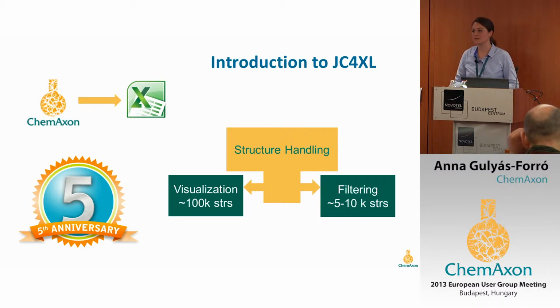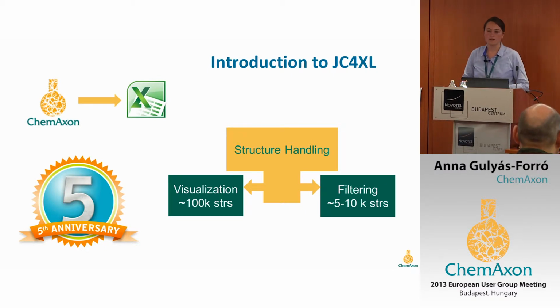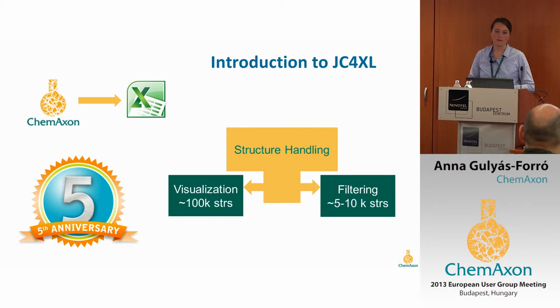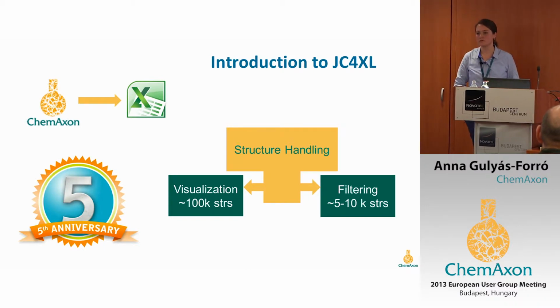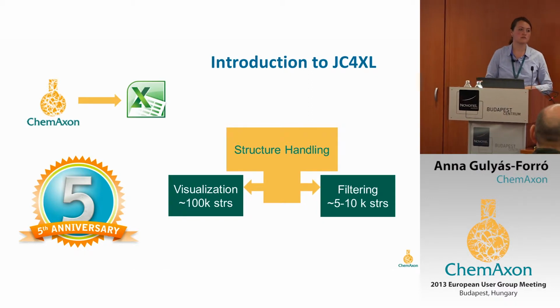We integrated many ChemAxon features in these 5 years, like JChem for structure search and database filtering, Marvin for drawing and editing structures. We also have the calculator plugins integrated through our JChem for Excel functions, and also the structure checker and standardizer.